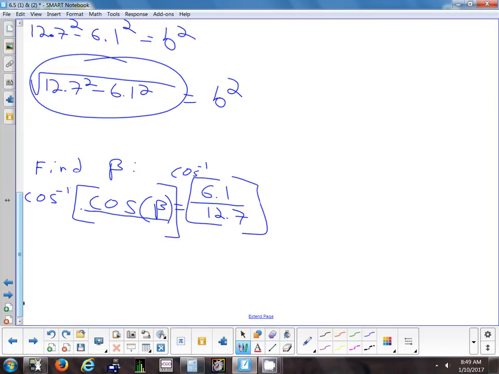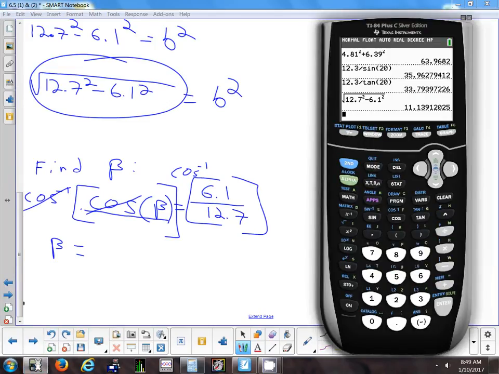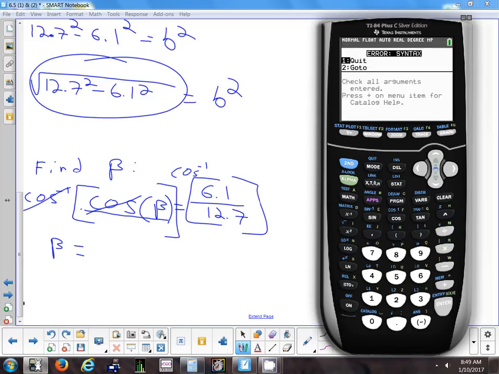So if you do it on the left, those cancel. You get beta equals. And to show you it's not multiplication, try typing it in as multiplication. Watch what happens. If you press inverse cosine and try to do times 6.1 divided by 12.7, thinking it's multiplication, the calculator is just going to freak out.